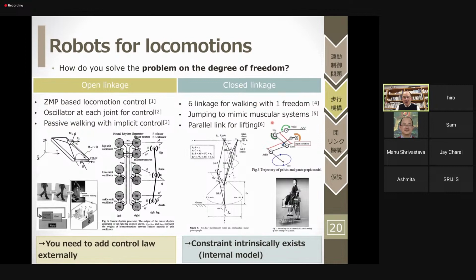So many machines, vehicles, and mechanical systems use this linkage. This linkage has a different system, but it is very simple because we do not focus too much on the control paradigm.